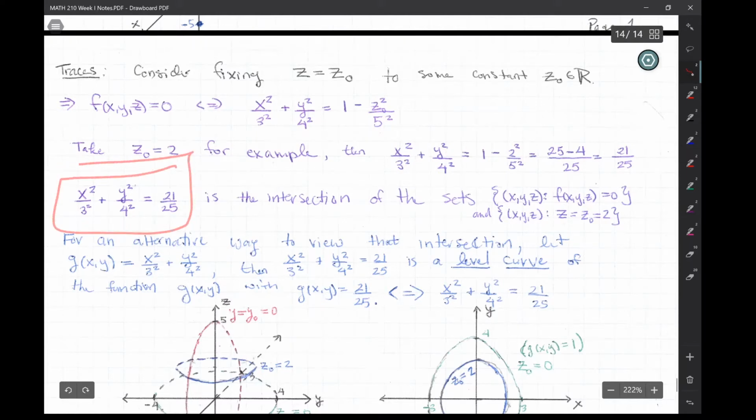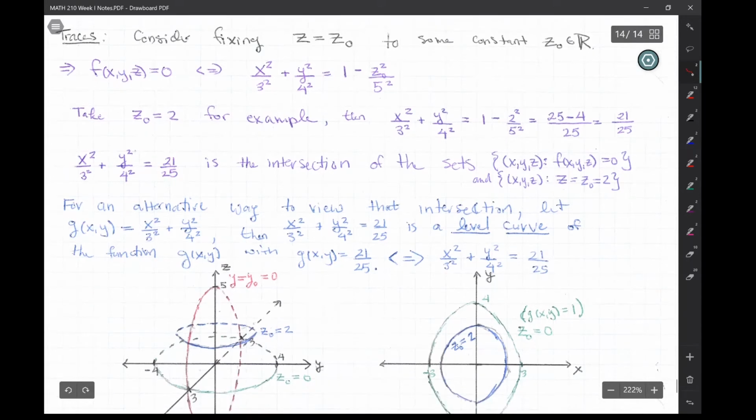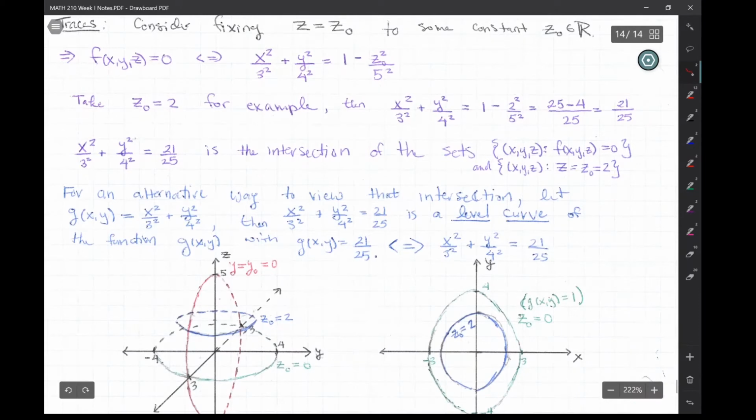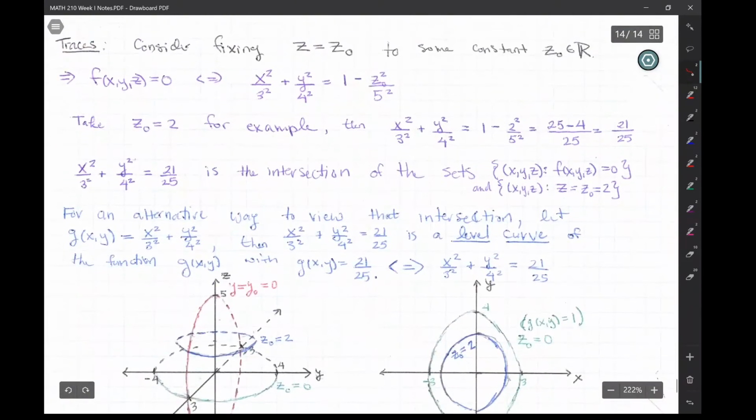Now this is an ellipse. What you're seeing here is an ellipse. We could multiply by 25 to bring it here and divide by 21 and just get 1 there, so it gives us a formal ellipse. And this object, what is that? It's the intersection of the set that respects the relation above and the set z equal to 2.